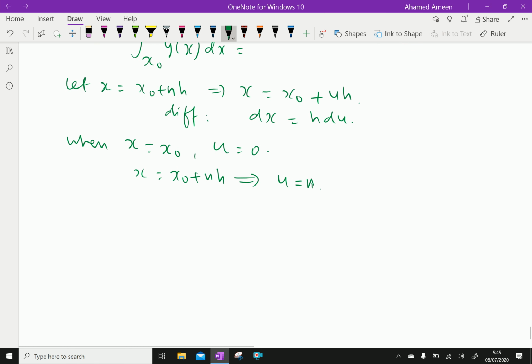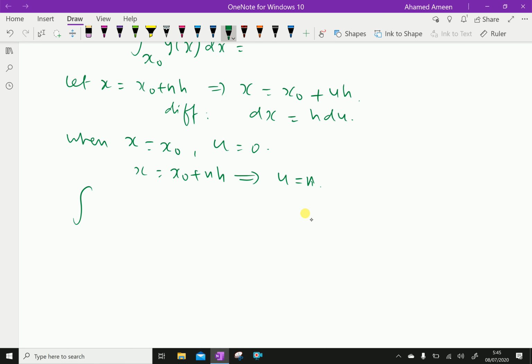Now we write the integral from x0 to x0 plus nh of y of x dx equals h, which is a constant outside the integration, times the integral from 0 to n of y of x0 plus uh du.